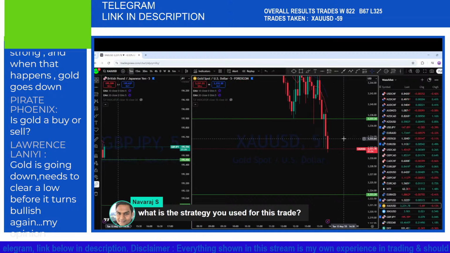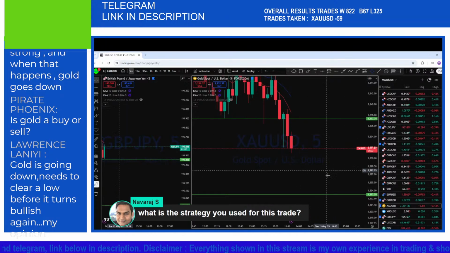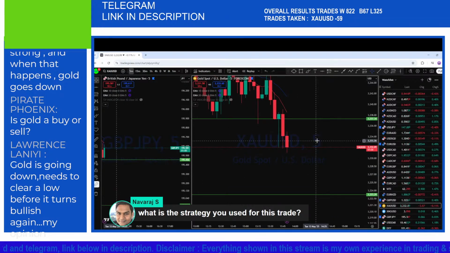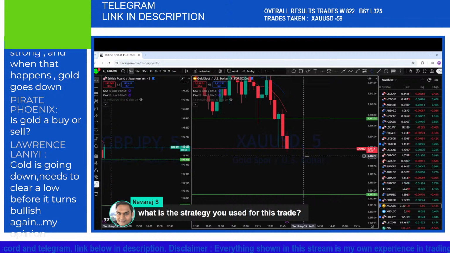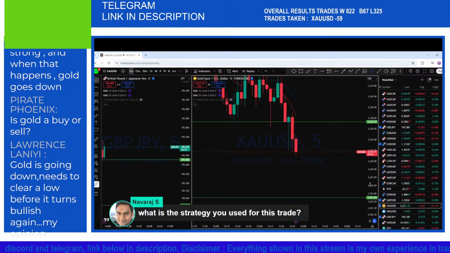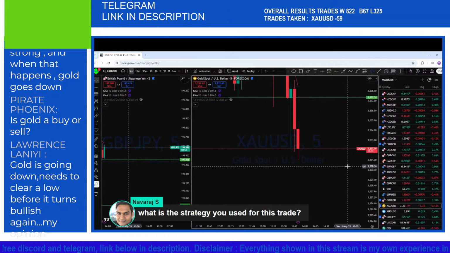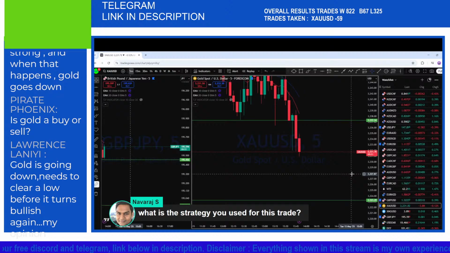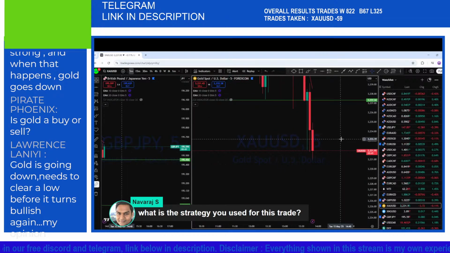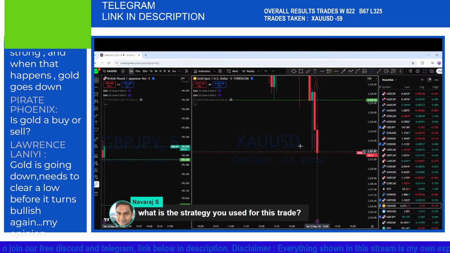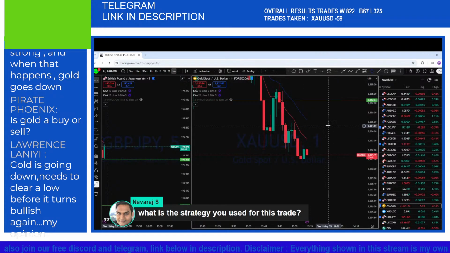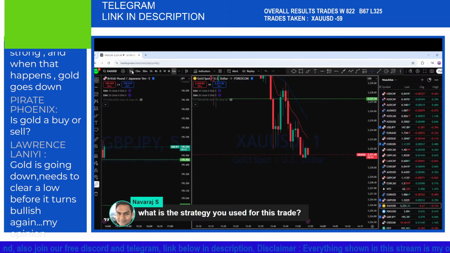As you can see, on this 5 minutes price action, if this candle is closing below, which is basically a bearish price action, and that 5 minutes candle closes back below, we may be able to see further downside in that market.